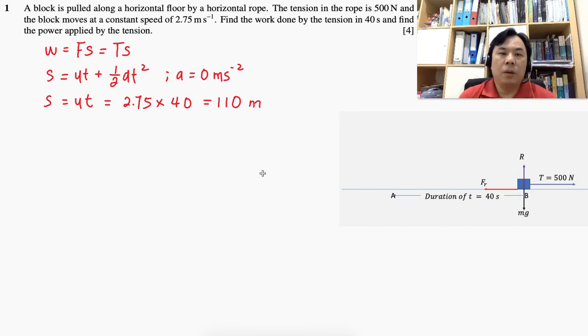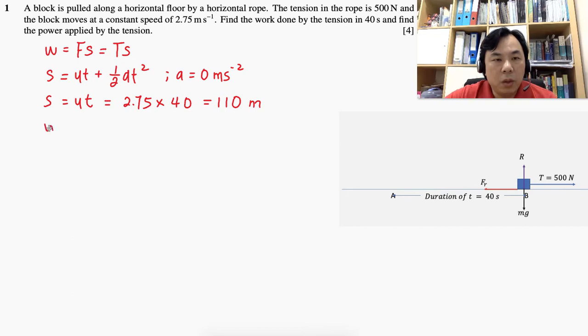Okay, let me check one more time if that is 110 or not. Yeah, correct. So it is 110 there. So 2.75 by 40. I just want to confirm one more time in case I made a mistake here. So 2.75 by 40 there. Yep, so it's 110 there. Now once we have found this, getting the work done will be very straightforward.